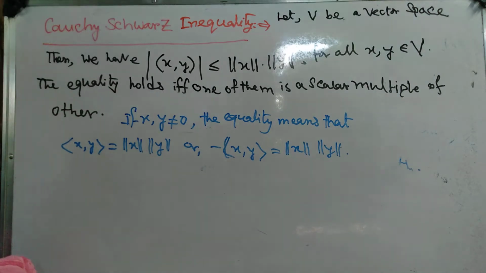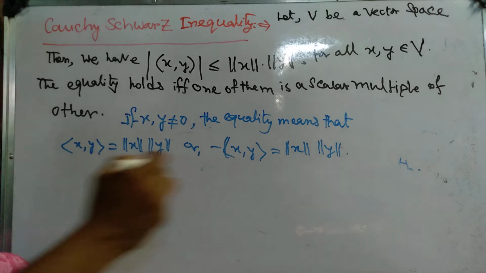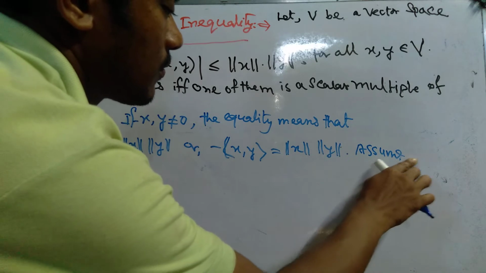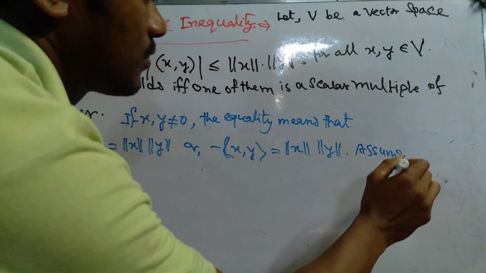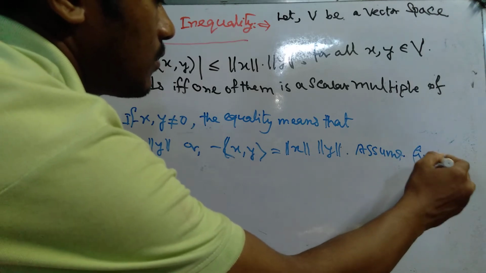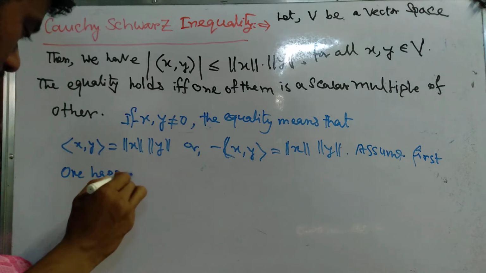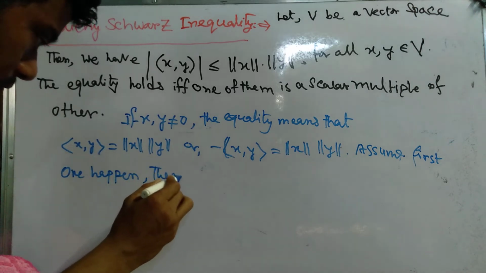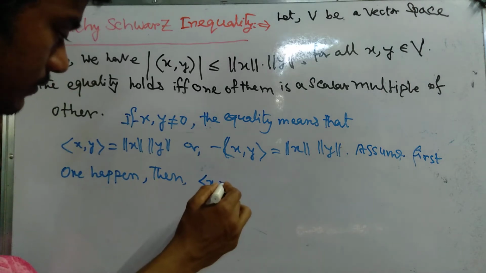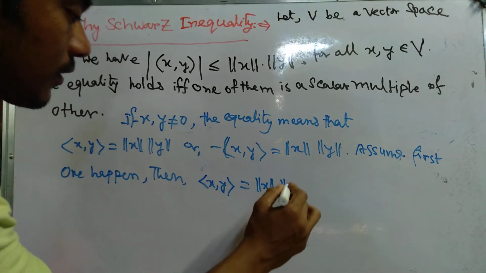Assume the first one happened, then the inner product of x and y equals norm of x times norm of y.